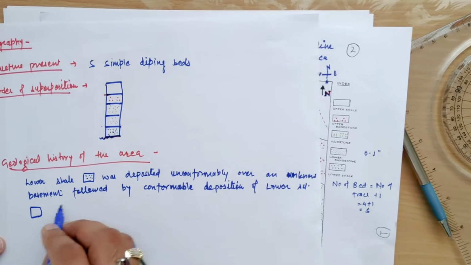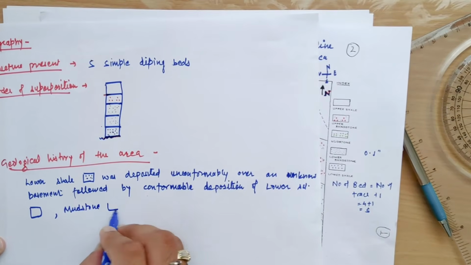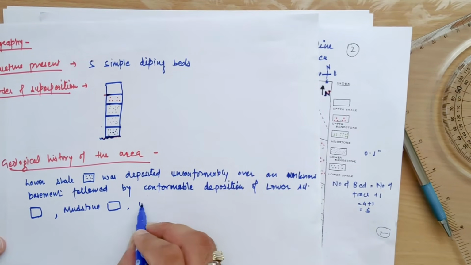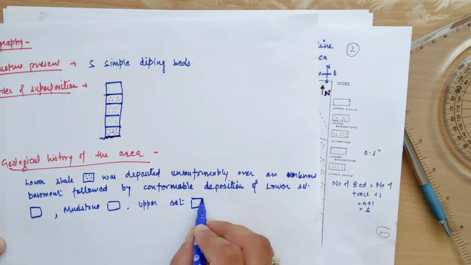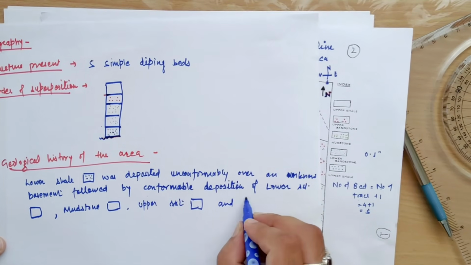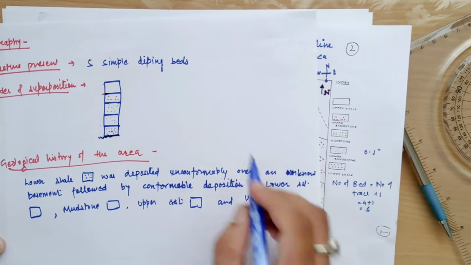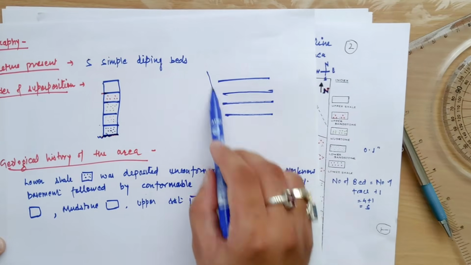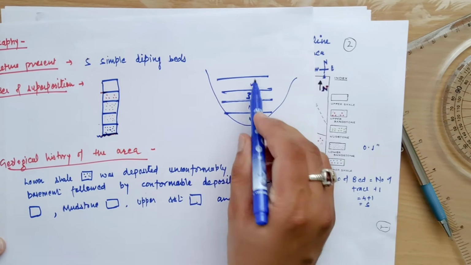Then we have mudstone. Then we have upper sandstone. And at last we have upper shale. So up to now we have deposited like this. We have interpreted the history, this deposition 1, 2, 3, 4 and 5.